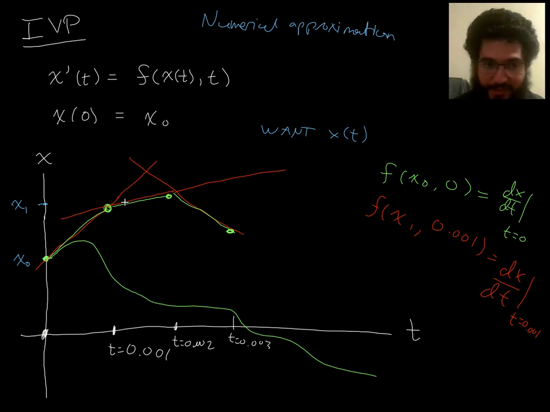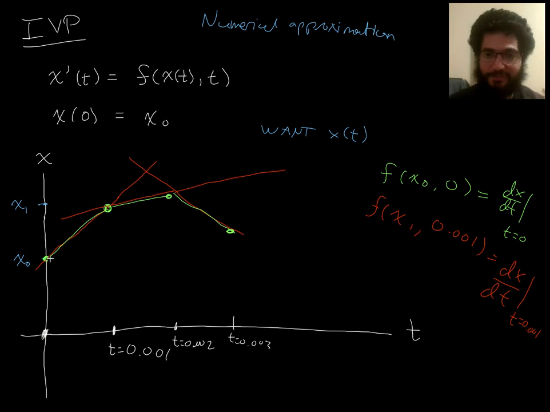This looks like a bad approximation. But remember, this time axis is zoomed in very, very close. As long as we've zoomed in close enough to straighten out the jittery, erratic behavior of the solution, this will probably be pretty close to the solution.